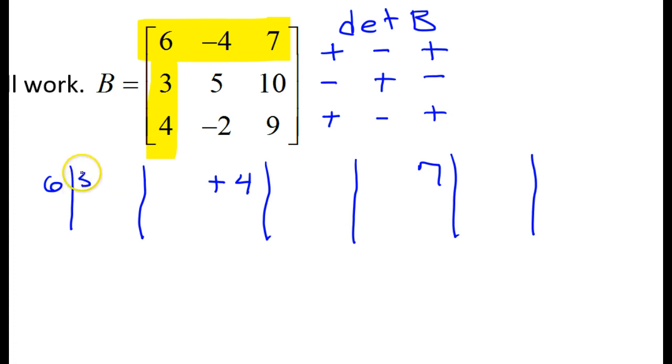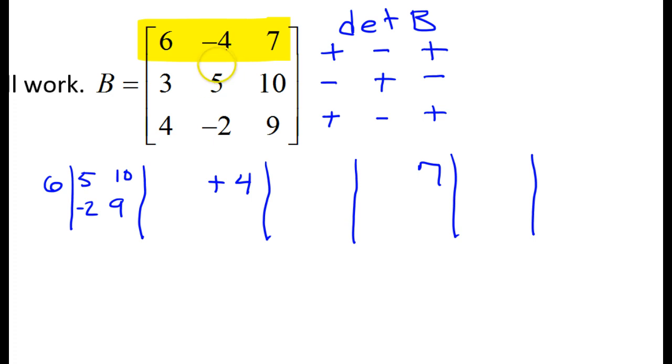So the submatrix goes here: 5, 10, -2, and 9. Alright, see how I put straight lines around them instead of these type of brackets? That's because we are taking the determinant of these 2 by 2 matrices, and the straight lines mean take the determinant. Okay, anyway, let's move on to the next cofactor.